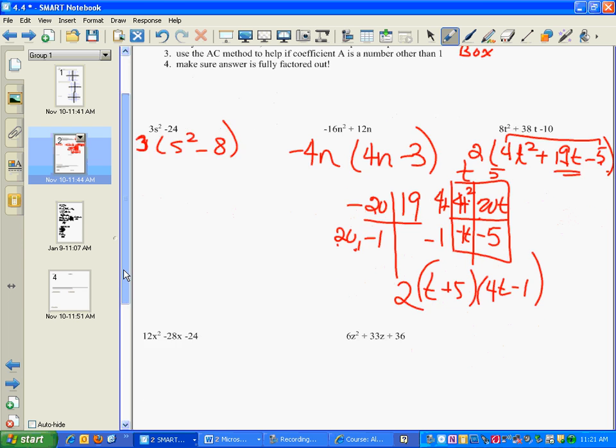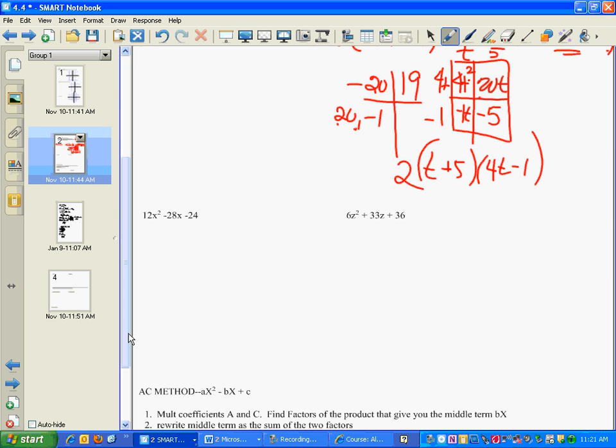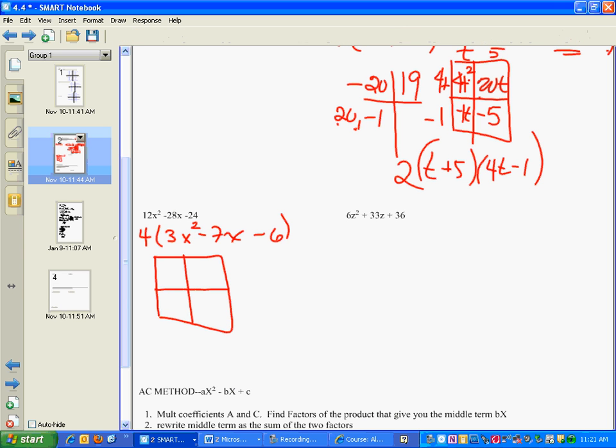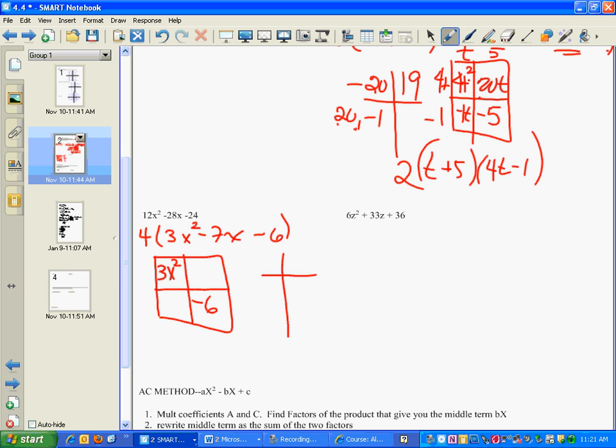Let's try the next one. All right. Can I pull anything out? Okay, so that gives me 3x squared minus 7x minus 6. So 3x squared, negative 6. I'm looking for my product of negative 18 that gives me what?